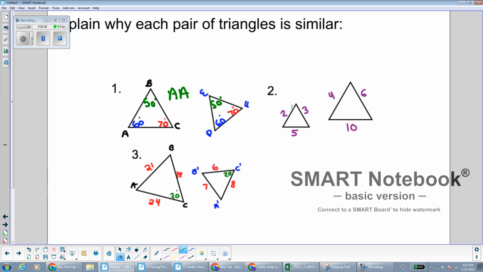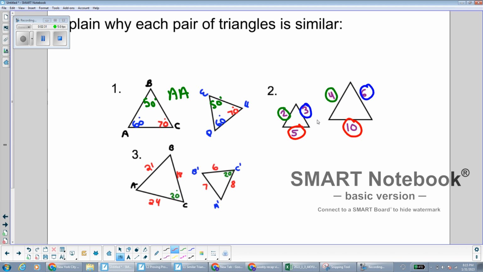Here's our next pair of triangles. Notice, to get from the sides of the smaller triangle to the corresponding side of the bigger triangle, we're multiplying by 2. Same thing with these corresponding sides, and same thing with the corresponding sides, the bases over here. We say that these 2 triangles have proportional corresponding sides.